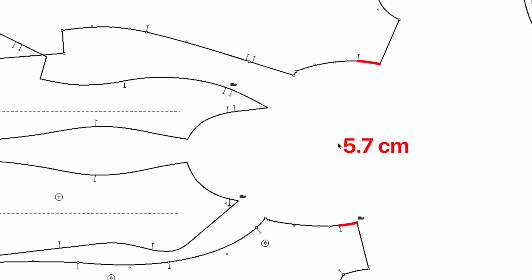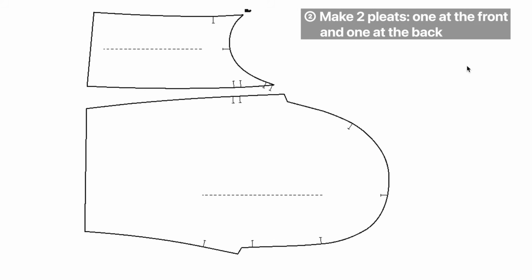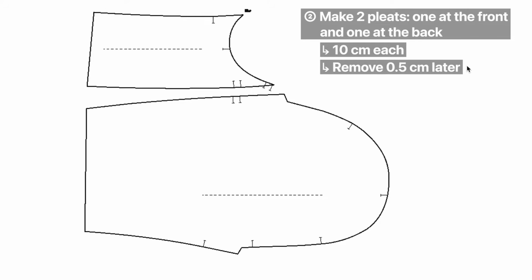So then we can calculate 26.2 minus 5.7 centimeters. Then the gathering amount is 20.5 centimeters. So then to make two pleats, one on the front, one on the back, we can make 10 centimeters of pleats each. And we can remove 0.5 centimeter later.